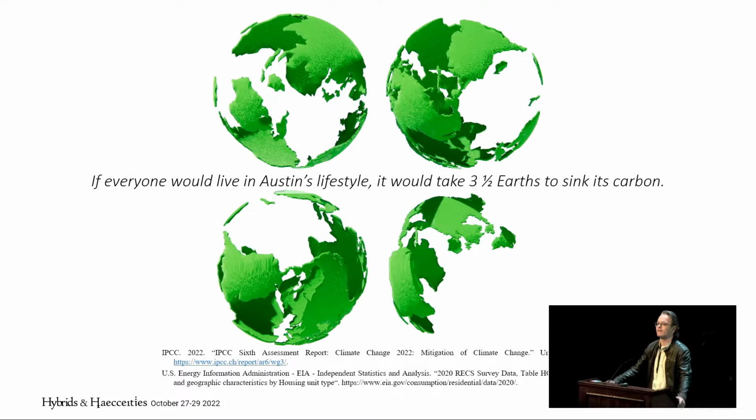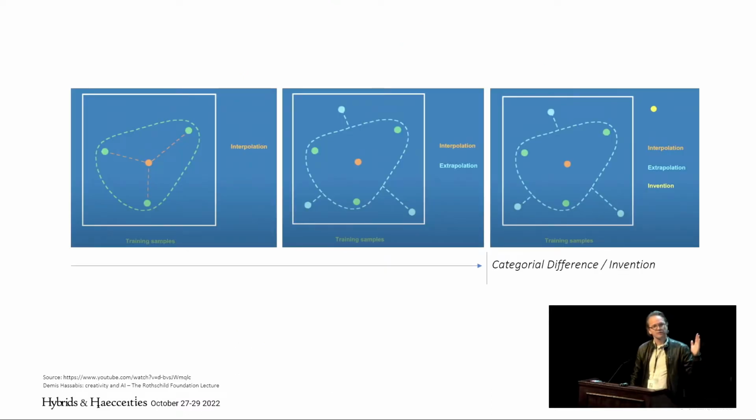If we would build every city like Austin, it's 3.5 planets of forests which you need for carbon sinking. So it all relates to the question, if we train an AI with data, these are Demis Hassabis's seminal slides on the idea of creativity with AI. You need so much data or such supercomputing power and sophisticated algorithms that you make the jump not only from interpolation to extrapolation, but really to invention.